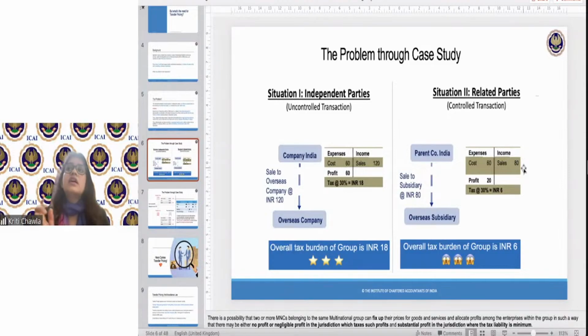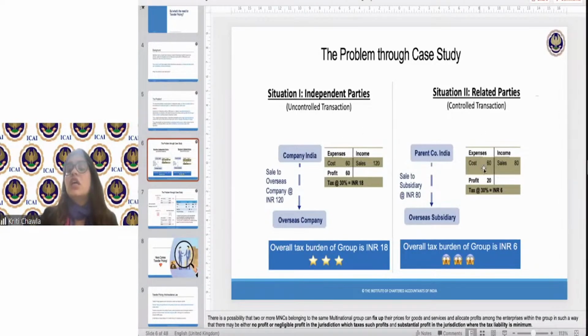But for that, there are certain conditions that have to be fulfilled. Independent parties must be transacting in comparable situations. That basically means that you can compare these two transactions, but for that you'll have to make sure that the good or article they're talking about is the same article that the independent enterprises are also trading.